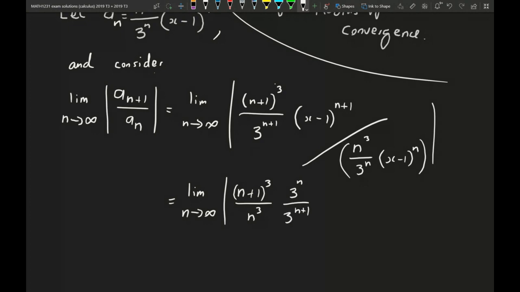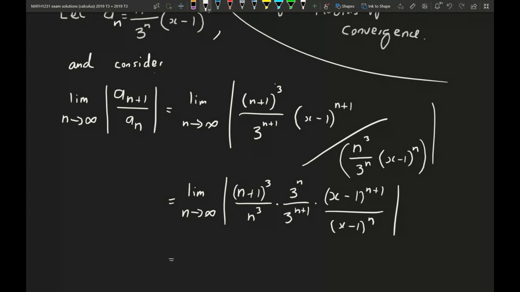So I'm going to get a 3 to the n over a 3 to the n plus 1, and this (x minus 1) to the power of n plus 1 over (x minus 1) to the power of n. Now quite nicely powers simplify in this.